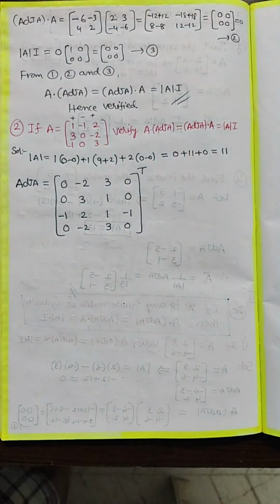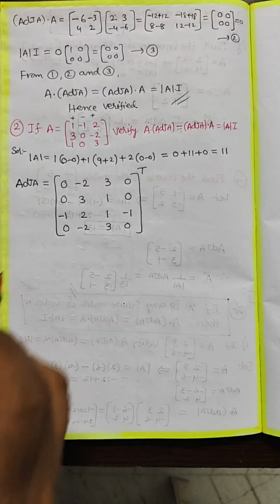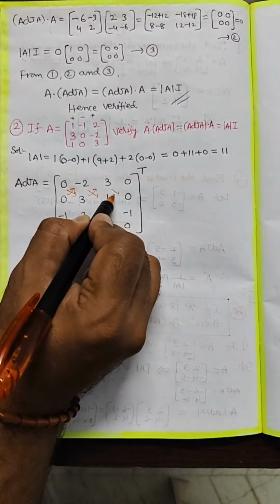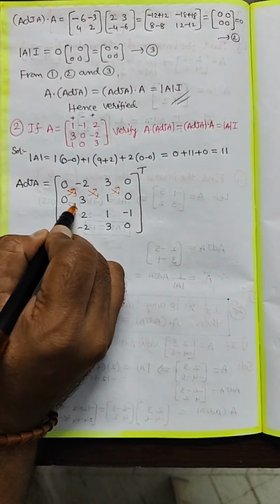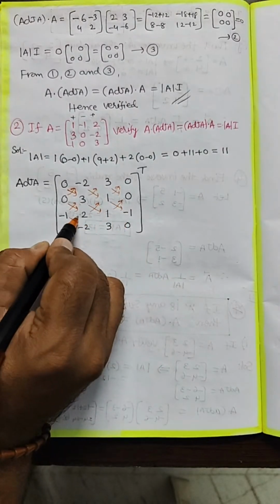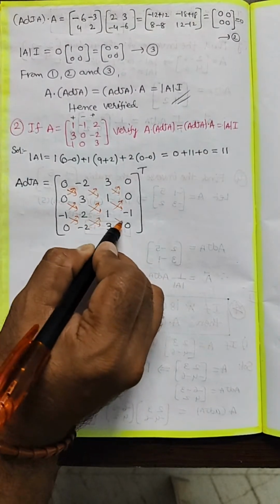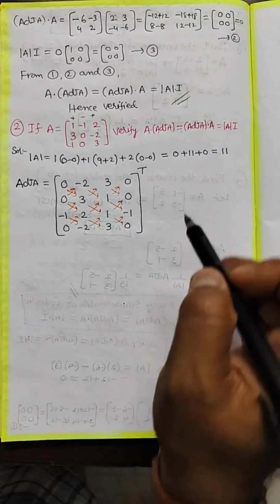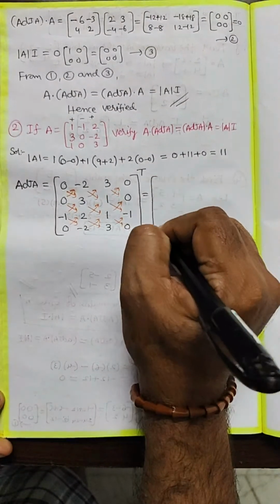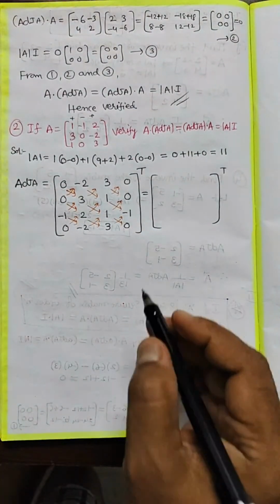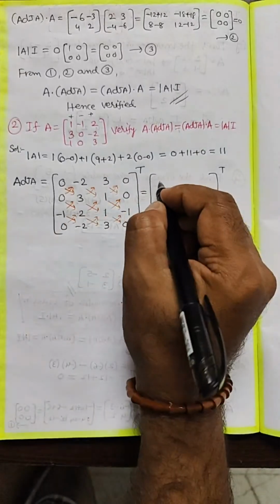We know how to expand determinants of these. 0 minus 0.